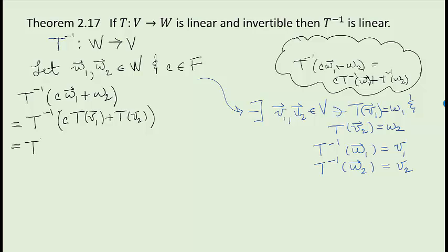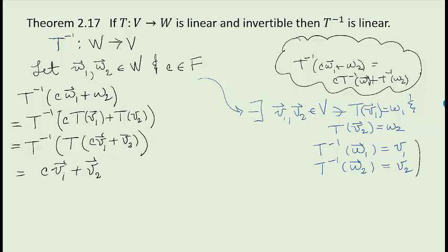I can say this is T inverse of T of CV1 plus V2 because T is linear. Oh, and T inverse of T is the identity mapping on V. So this gives us CV1 plus V2.